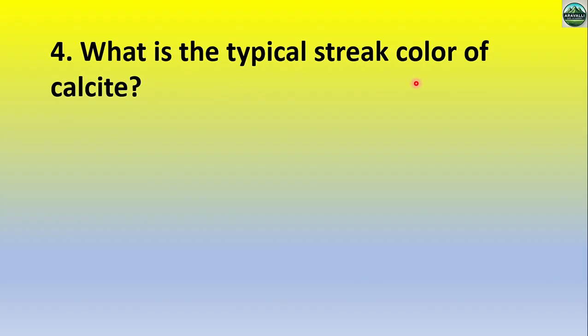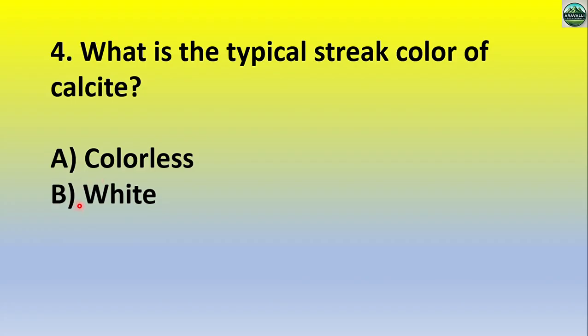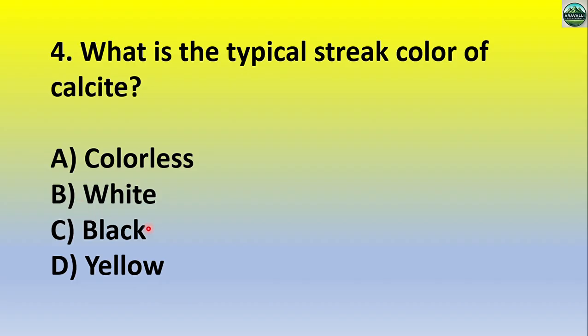Next, what is the typical streak color of calcite? Colorless, white, black or yellow. So what is the right answer? The right answer is white. The streak of calcite is white.